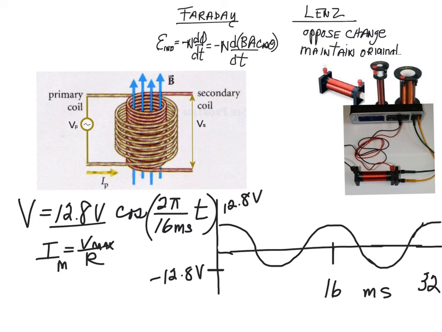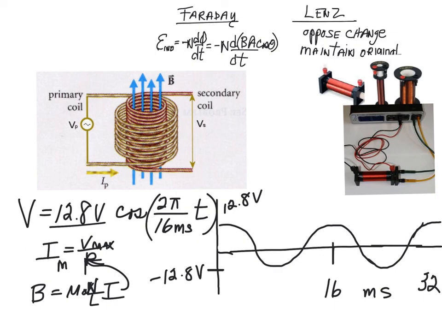And then from the current, you can get the field. So what's going to happen is the field is going to vary through here. And the field for a coil, we know, is mu naught N over L times I. And mu naught N over L are going to be constants given in the problem. And the I is just going to be this I. And so since the I varies according to this function, so too will the magnetic field follow the same oscillation, the same period, the same frequency.